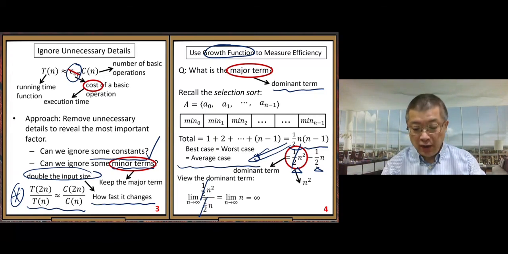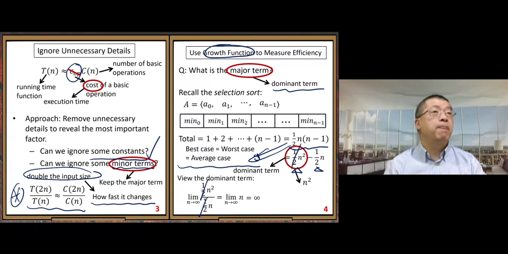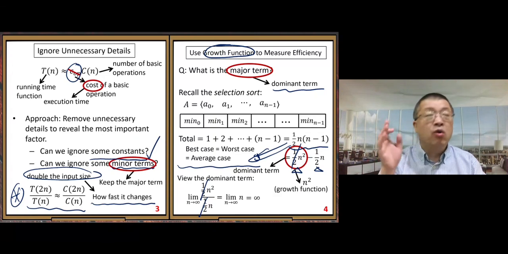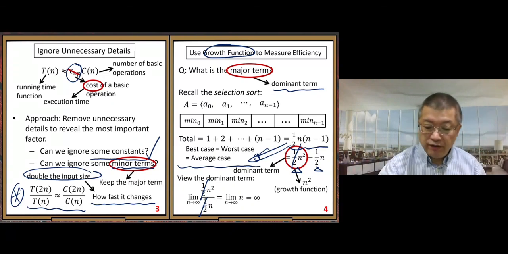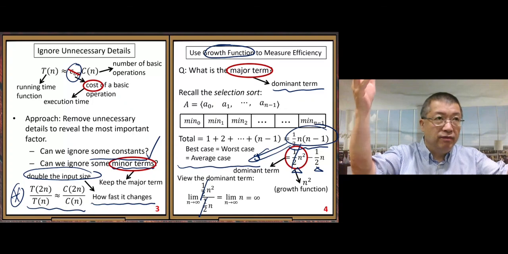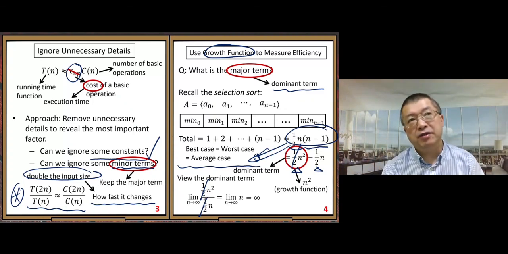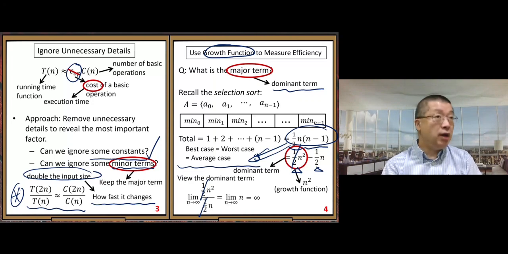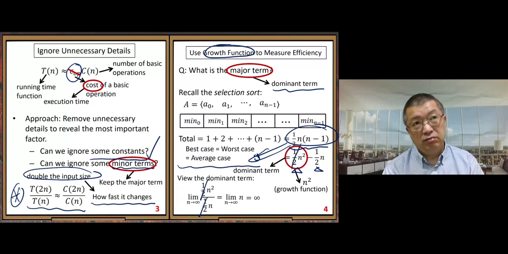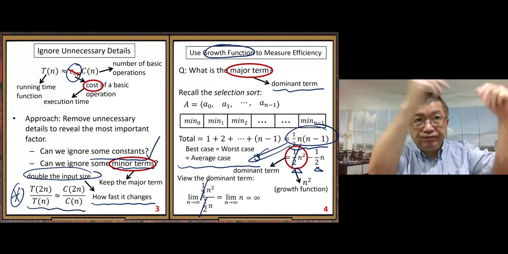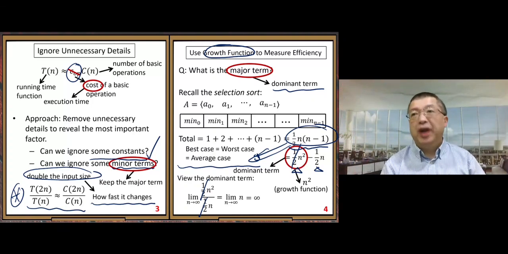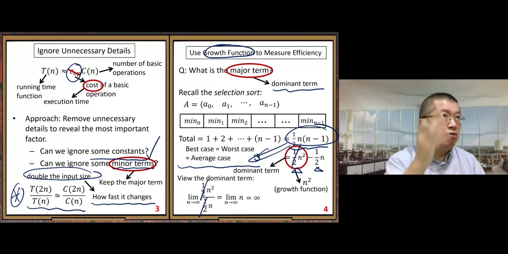We skip it, so we get n squared. That n squared we call the growth function of that function, C of n. We do not include the leading constant of that function. So that's the introduction of the concept of the growth function.